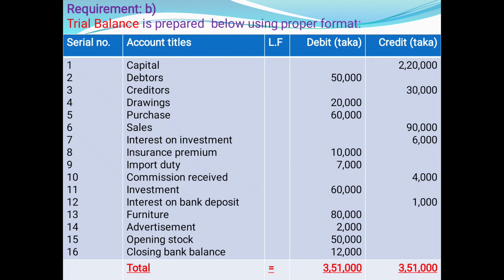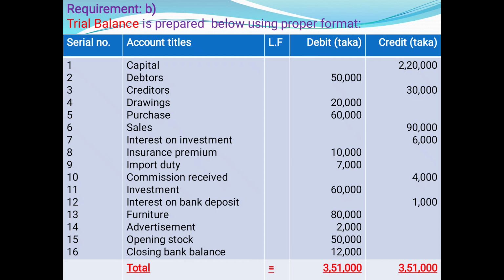Interest on bank deposit: the bank deposit is one kind of asset, but its interest, that is interest on bank deposit or interest on bank balance, is all the time revenue income. All kinds of revenue income are credited in the trial balance. In this trial balance, taka 1,000 is credited for this item.